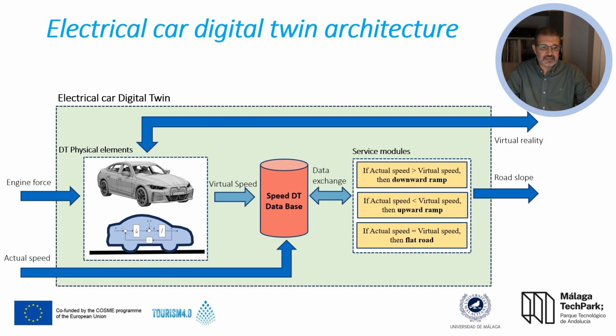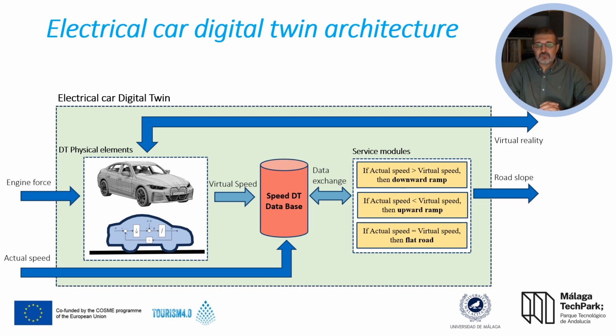Below this model is the dynamic model of the car, and both together produce the virtual speed by using the dynamic model of the car. This virtual speed is mixed with the actual speed of the car in the speed digital twin database, and these data are used by the service model.